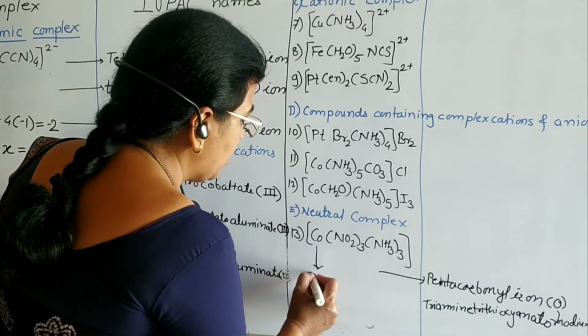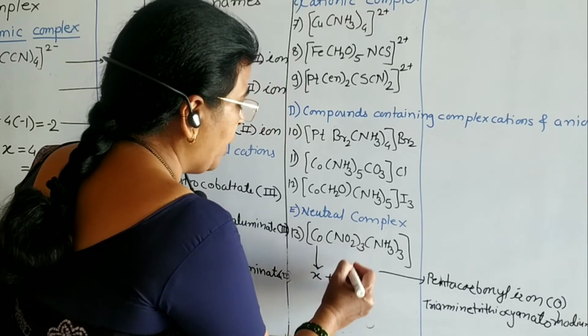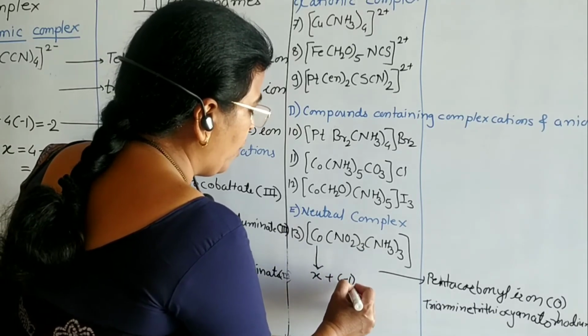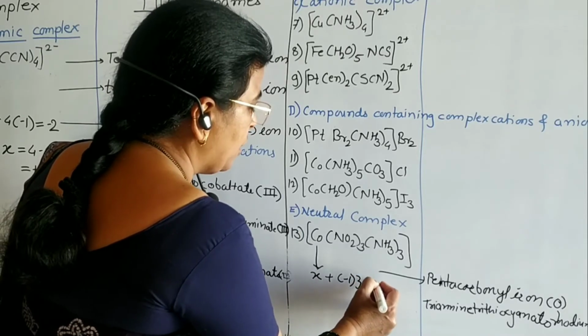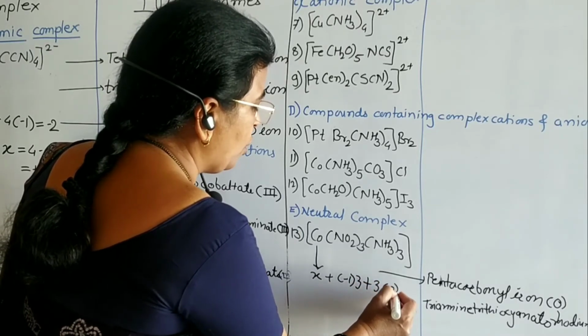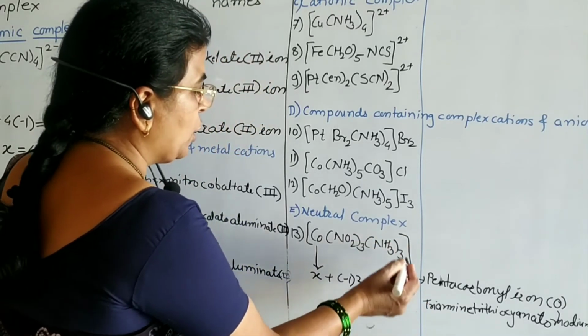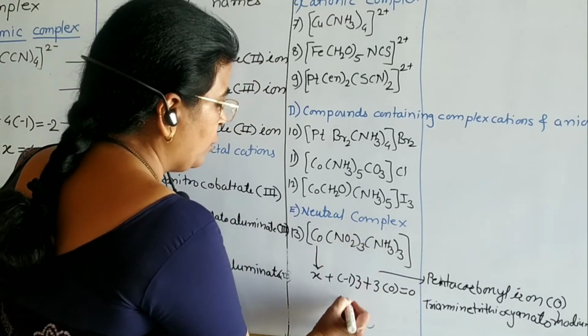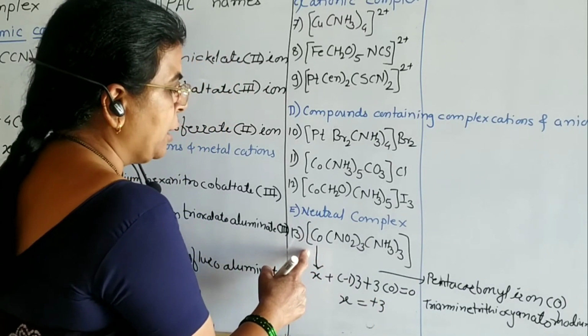Therefore the oxidation state of cobalt is X plus, the oxidation state of the NO2 group is -1 multiplied by 3 plus the oxidation state of ammine is 0 multiplied by 3, equal to the total charge on the complex, which is 0. Therefore X is equal to plus 3. That is, the oxidation state of cobalt is plus 3.